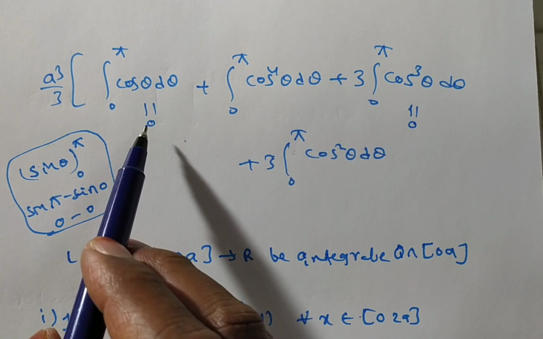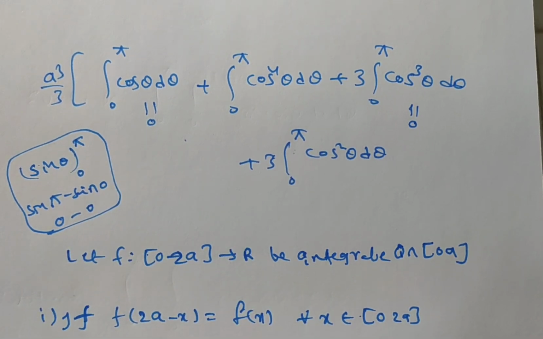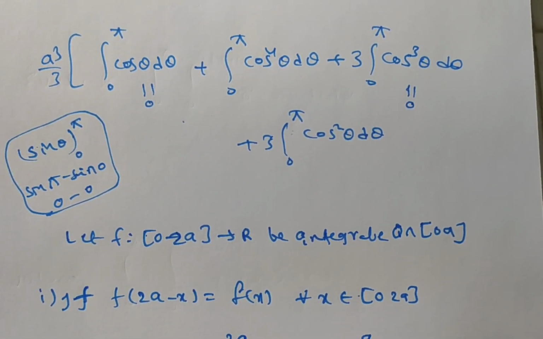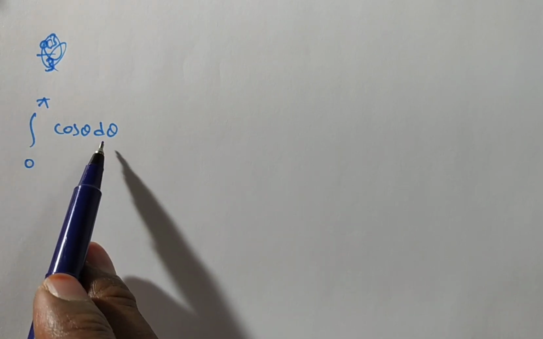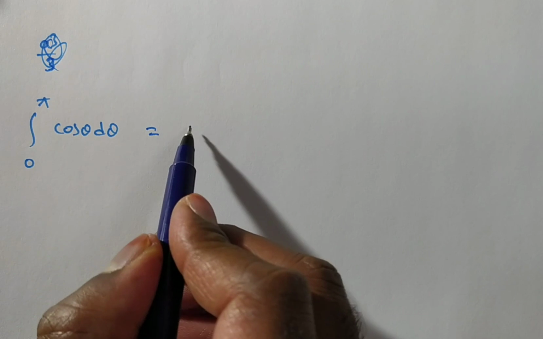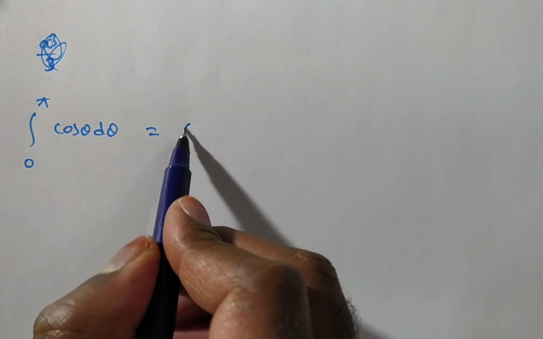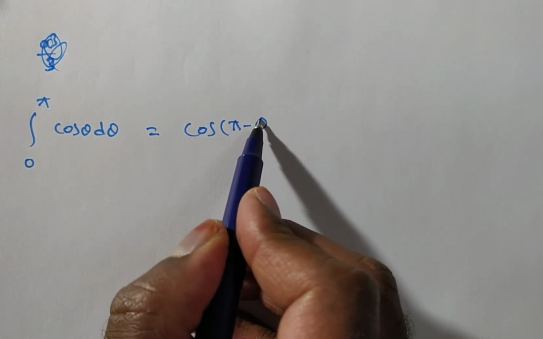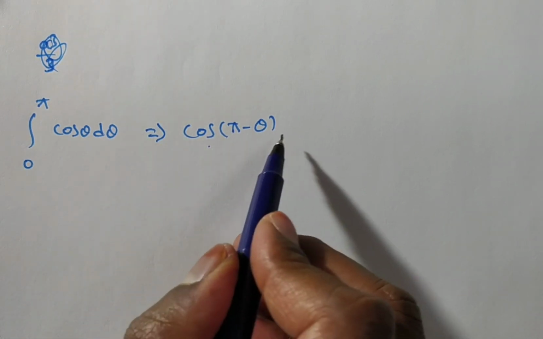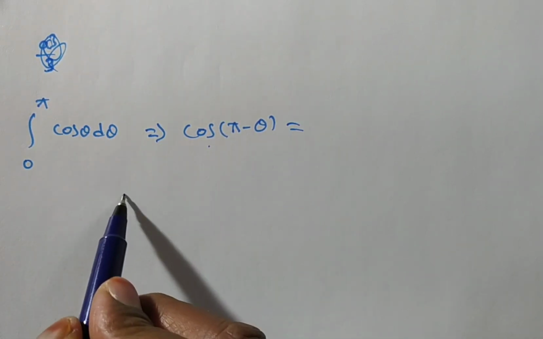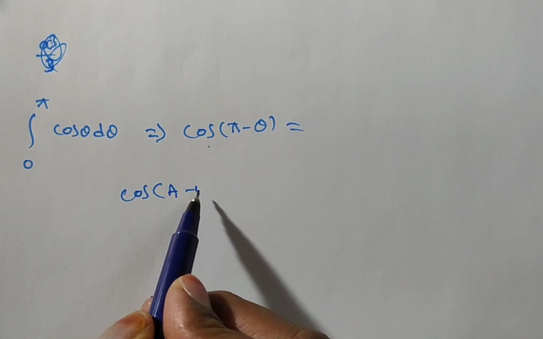Otherwise, you have another formula that we have just discussed. By using that formula, see how we can apply it. The first integrand we have is the integral from 0 to pi of cos theta d theta. You can also write this as cos of pi minus theta. Let us check it. First we are verifying cos of pi minus theta. What is cos of pi minus theta actually? It is of the cos of a plus b type.